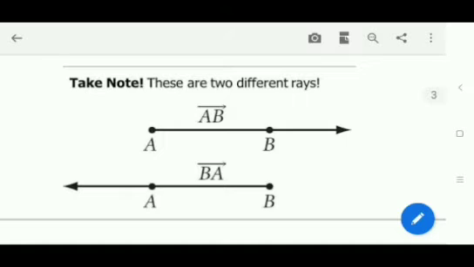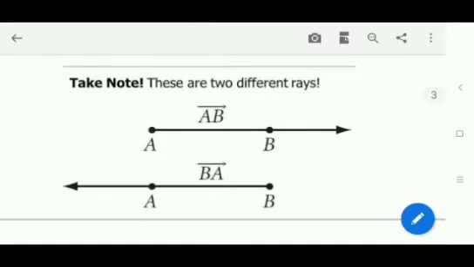If you write segment AB, you can also write it as segment BA. It means the same. Same way, line AB can also be read as line BA. It means the same line. But in case of ray, it is not possible.